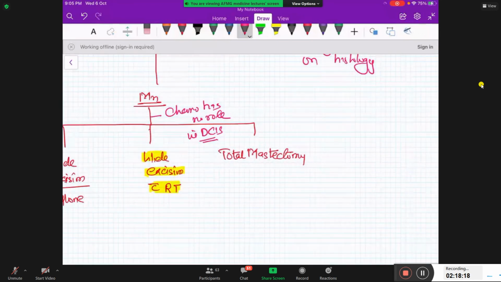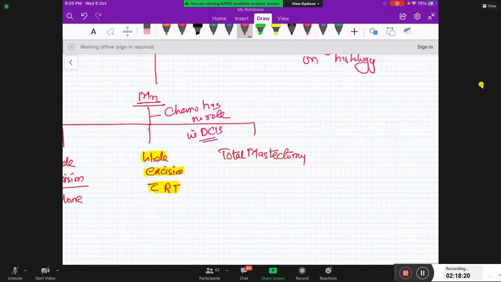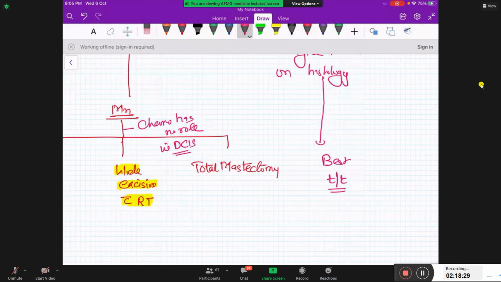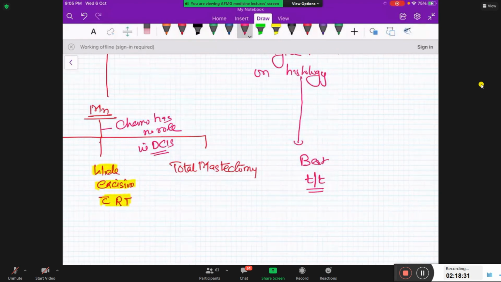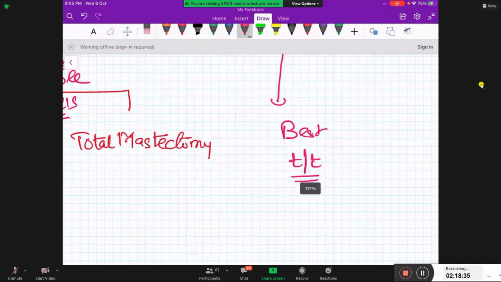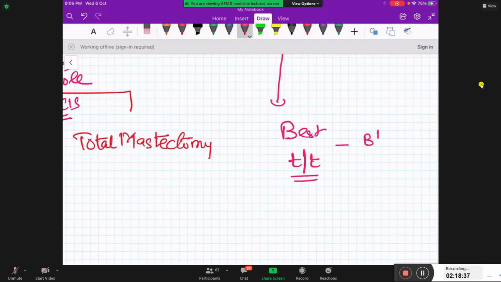In case of lobular carcinoma in situ, if you are asked what is the best treatment option, your answer should be bilateral mastectomy.